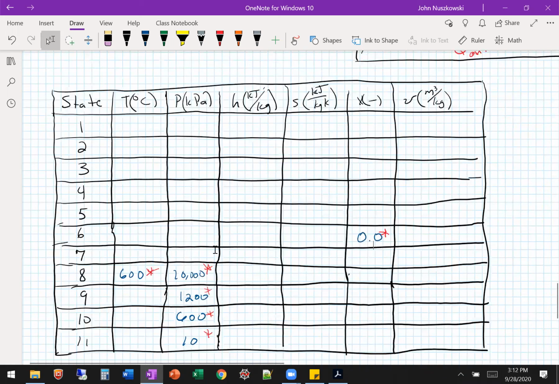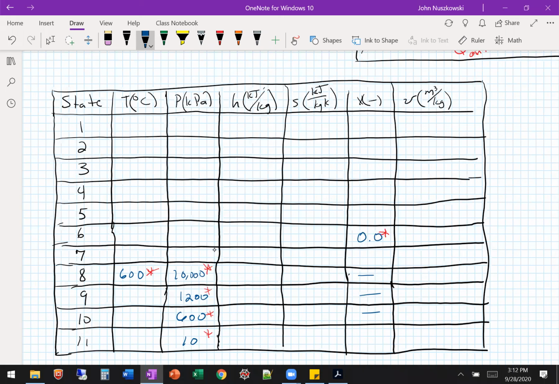Any other values? 8, 9, and 10 are all superheated, so they don't have a quality. So there's no quality when you're superheated. NA.